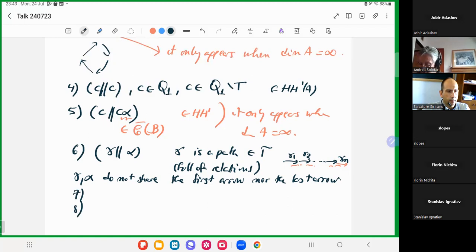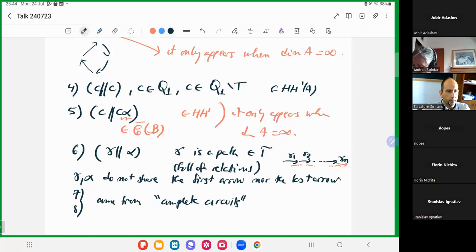And these other types of elements come from what we call the complete circuits.